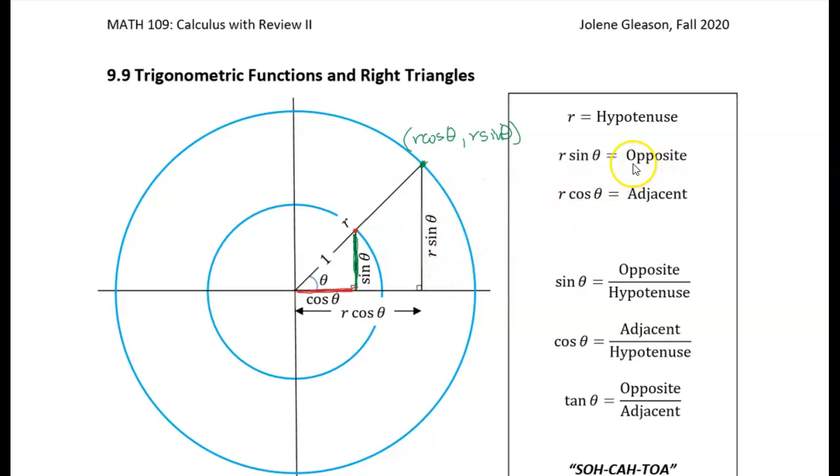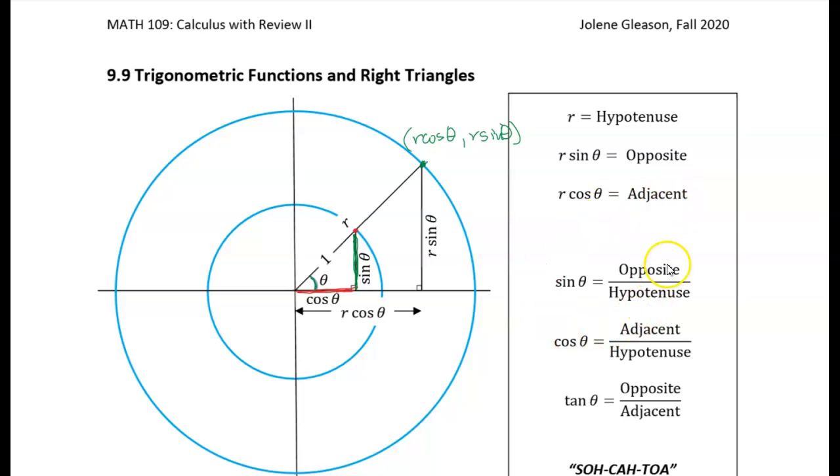And the opposite is r sine theta. And the side that's touching the angle theta, we're going to call the adjacent side because it's adjacent to the angle that we know. And so our cosine theta is the adjacent side.